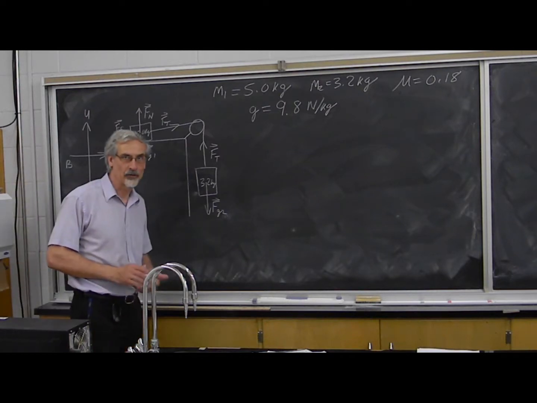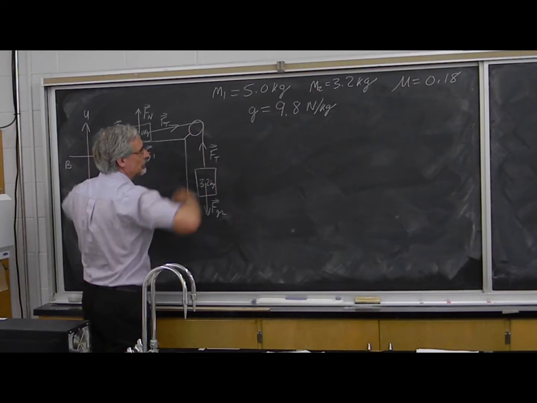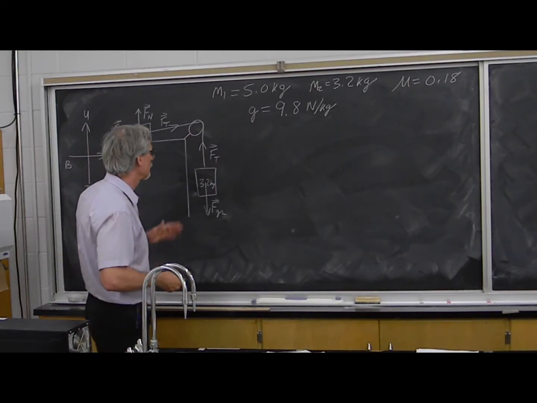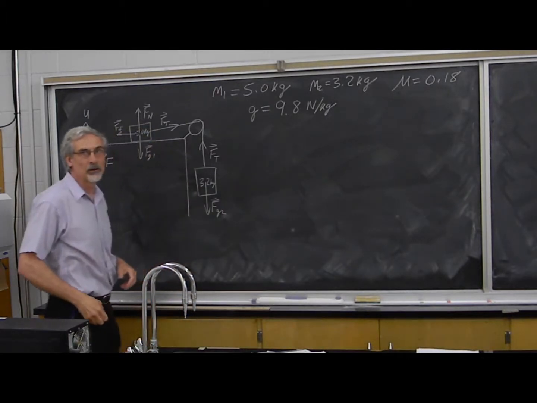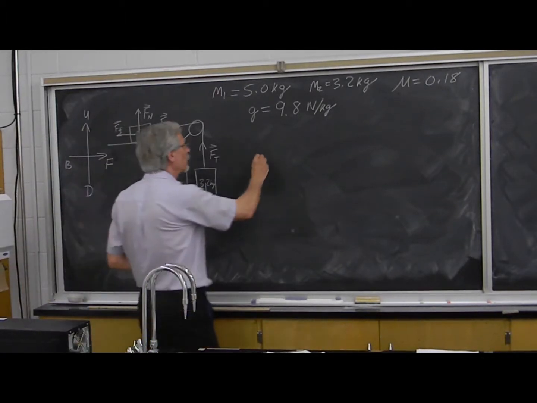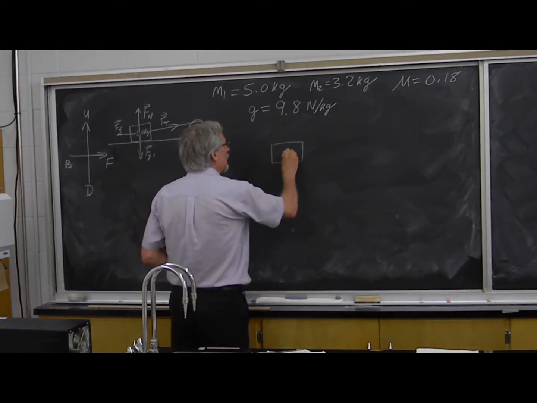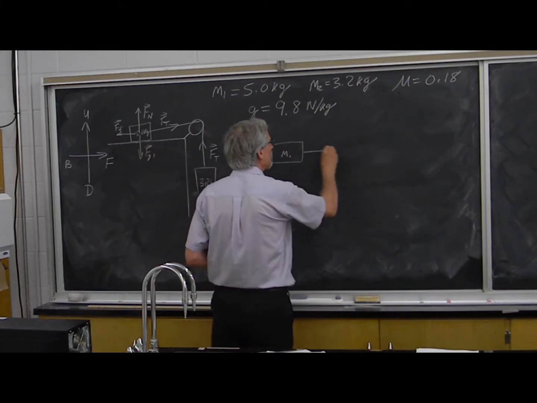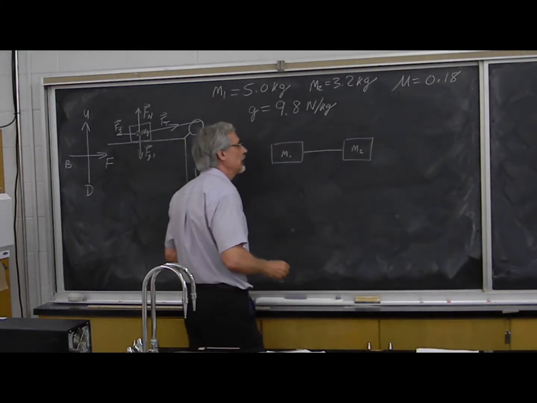The trick to solving these kinds of pulley problems is to straighten out the system and turn the forces here so that they're still matching along the string's line. So this is equivalent to M1 connected to M2 like that.